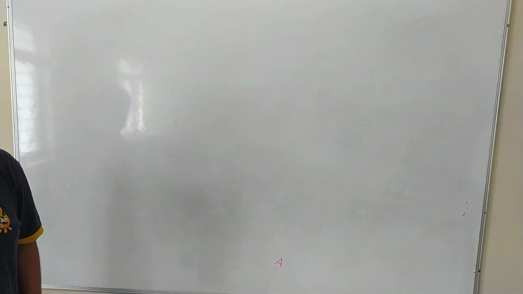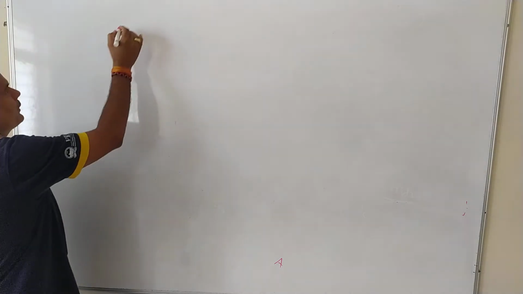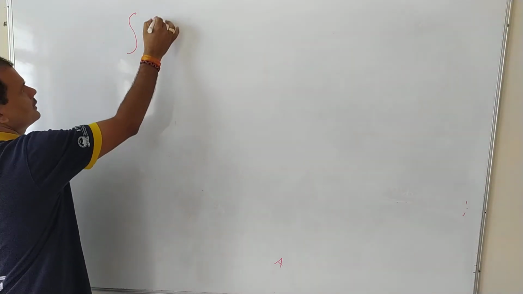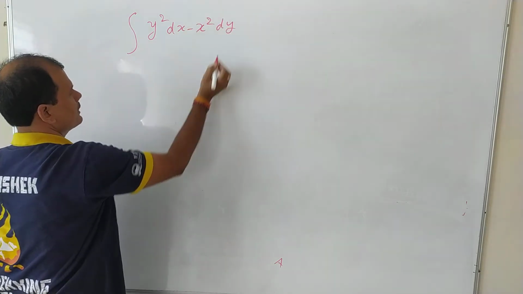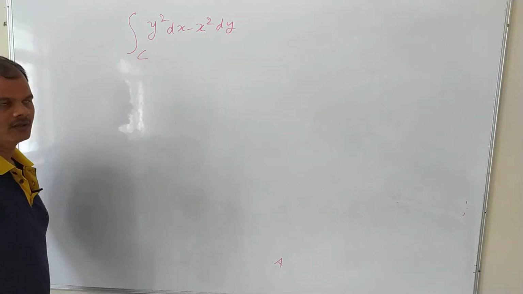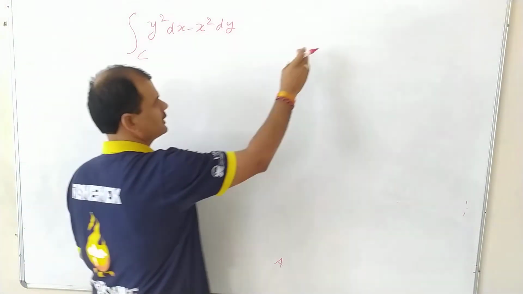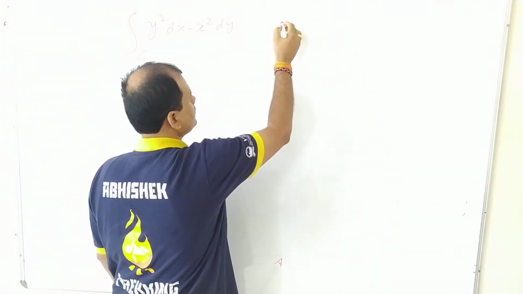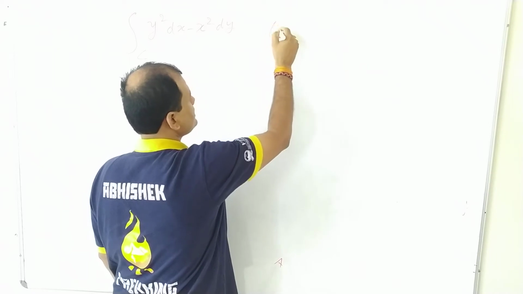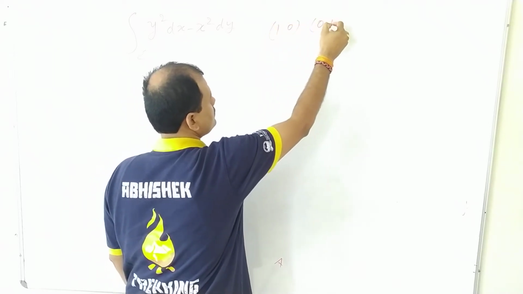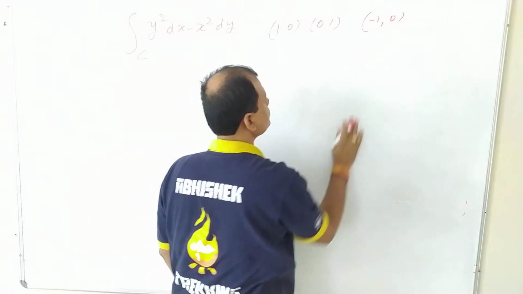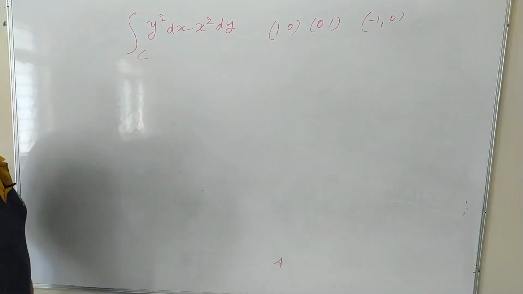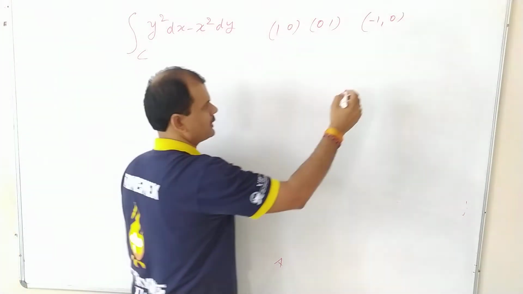Your question is: find the line integral of y square dx minus x square dy along the curve C, where C is the triangle whose vertices are (1, 0), (0, 1) and (-1, 0). So this triangle is given. What we do first is draw the triangle.